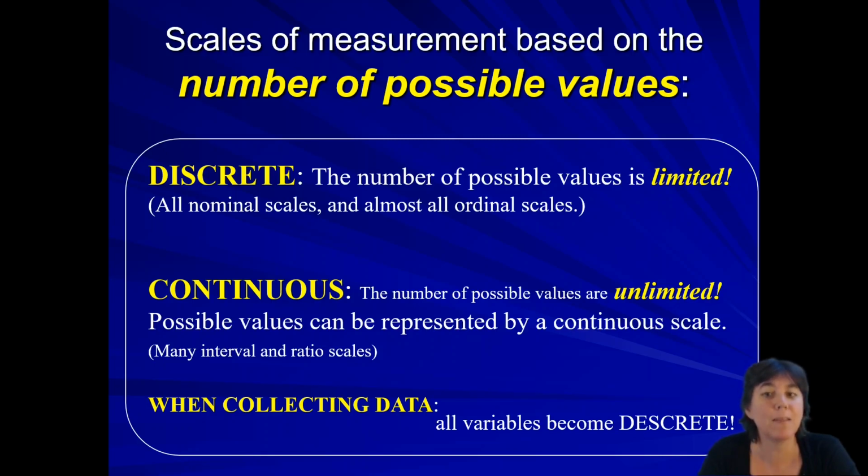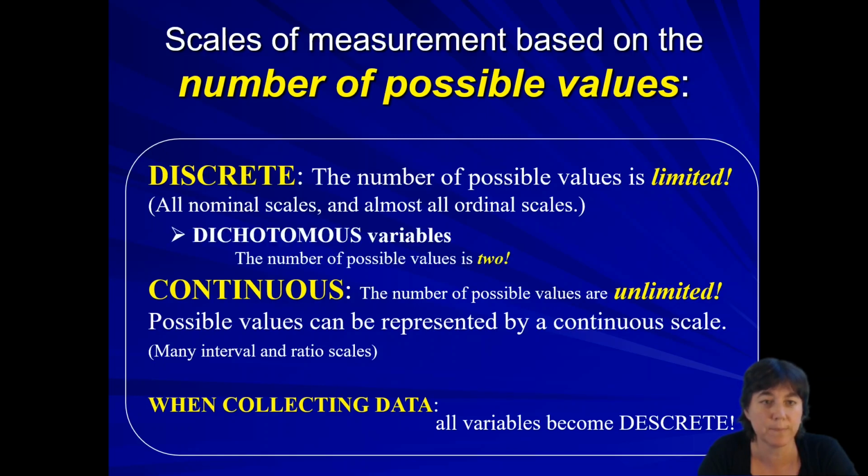But in theory, these variables, for example reaction time, are continuous, so you have to treat them that way. To be honest, this distinction is not that important, since when we're collecting data, we always make discrete variables out of the continuous ones.